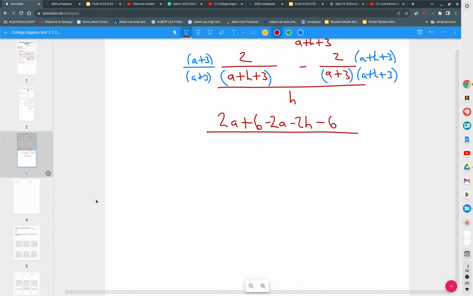Over a plus 3, a plus h plus 3, and that all sits over h. I'm going to write h as h over 1. I don't worry about multiplying out the denominator. Okay, just let it be.